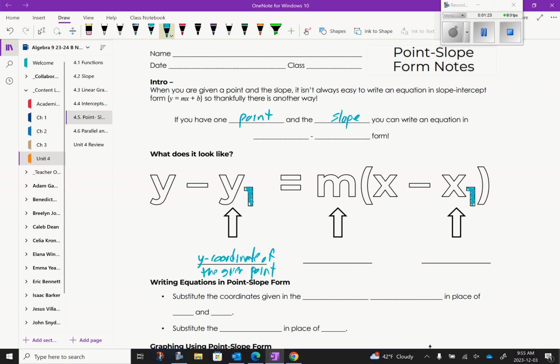The y sub 1 means the y coordinate of the given point. The x sub 1 refers to the x coordinate of the given point, and of course m is slope.